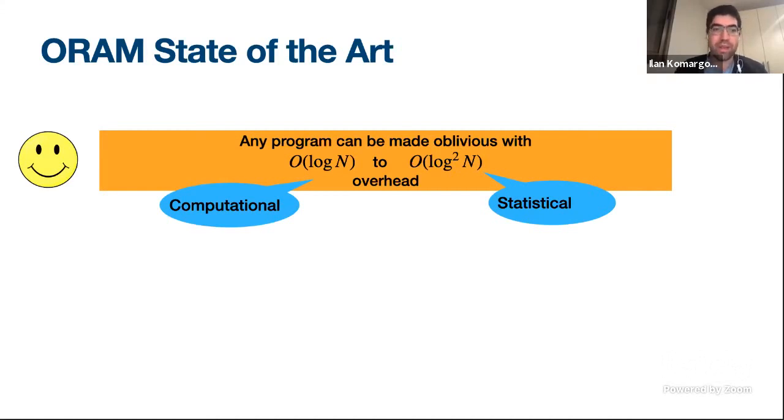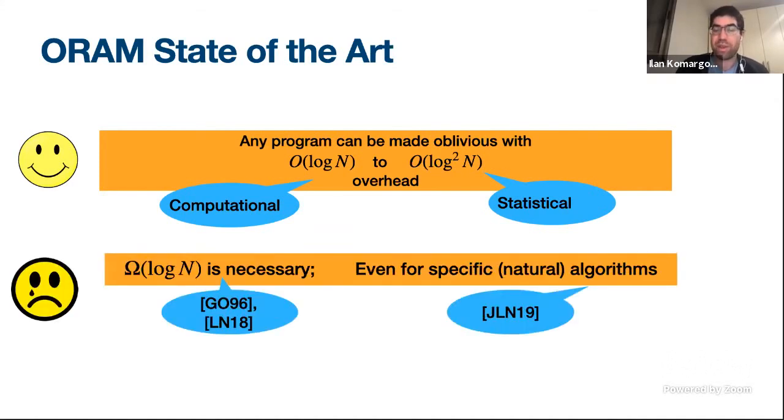For example, if you give me a RAM that works on n memory cells, I can simulate every single access with something like log n accesses. Assuming one-way functions, the construction will be computationally secure. If we want statistical security, then we need something like log squared n accesses for every access. So this is pretty great.